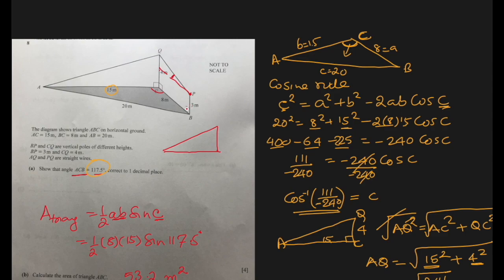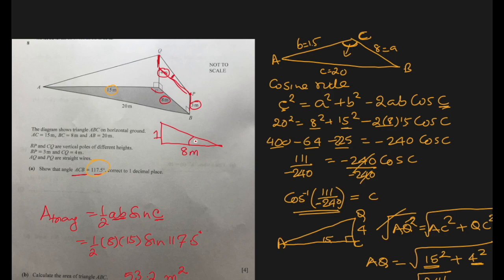Rather, I'll have to change the orientation, otherwise it will be confusing. So this base length is 8, as it is parallel and equal to this. So 8 meters. This length will be 1 meter. Why? Because this is 3 and that is 4. 4 minus 3 is 1 meter, and that's why this is 1 meter.